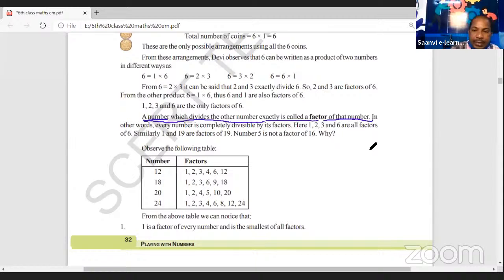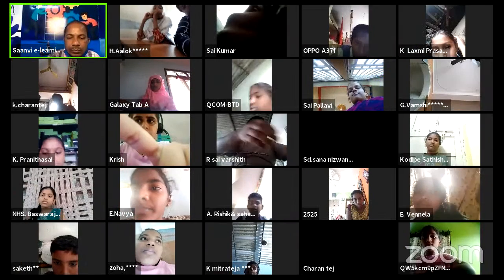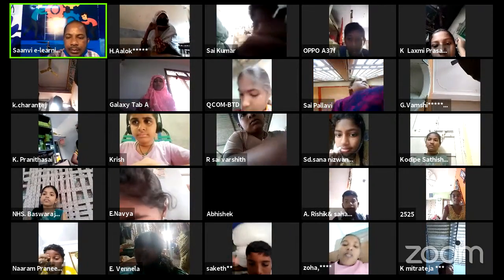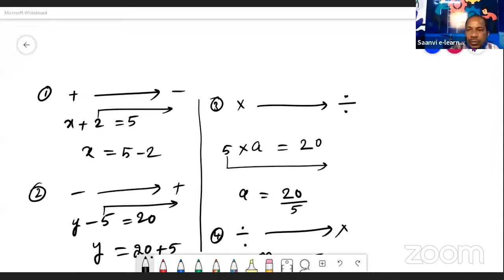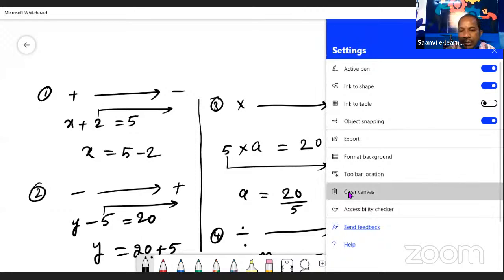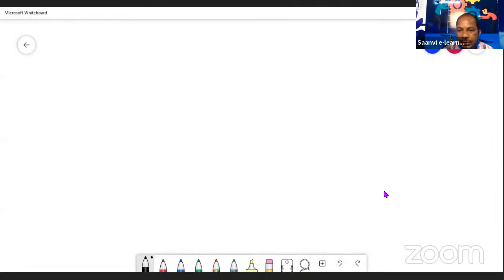So let us see one example here. All of you observe the board carefully. Today we are going to discuss factors. What is a factor and how to find it?